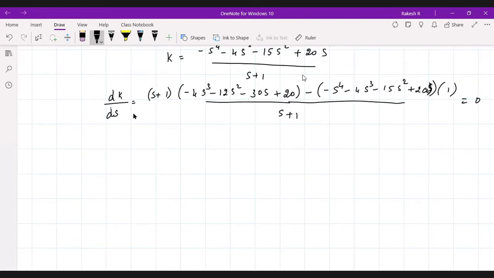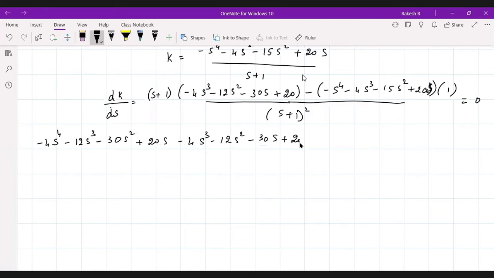I'll multiply these two inside. That is minus 4s raised to 4 minus 12s cube minus 30s square, plus 20s minus 4s cube minus 12s square minus 30s plus 20, with denominator square.